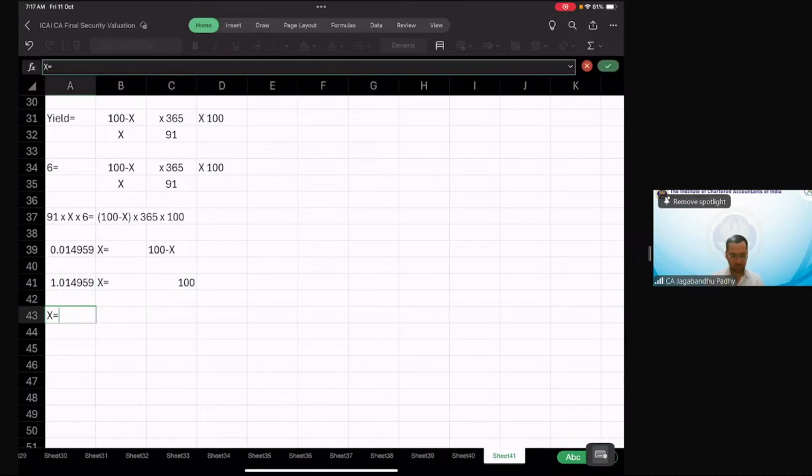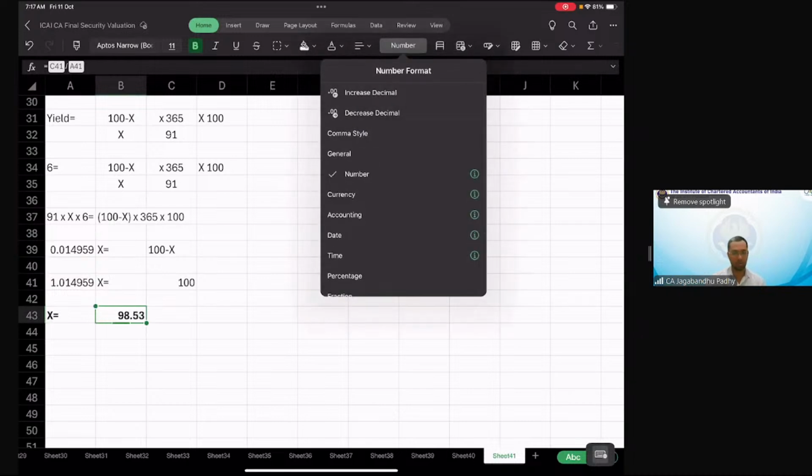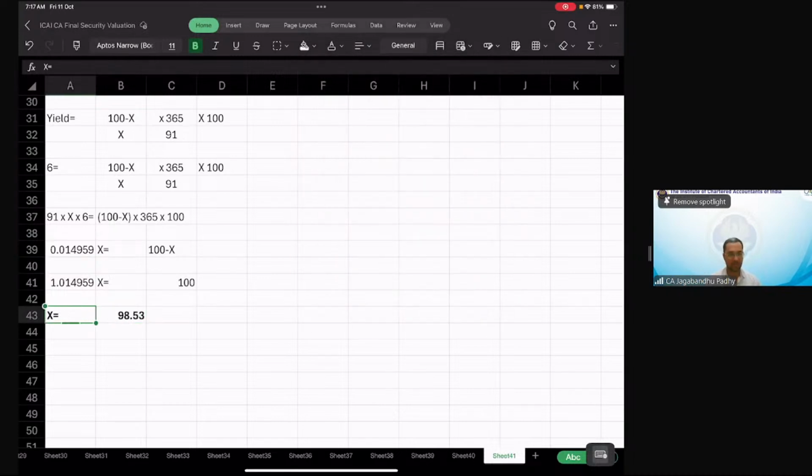So X is equal to 100 divided by this, which is 98.5262, or 98.53. This will be the price at which the treasury bill will be issued.